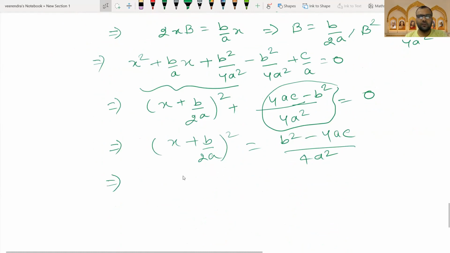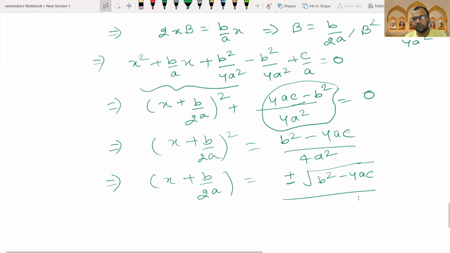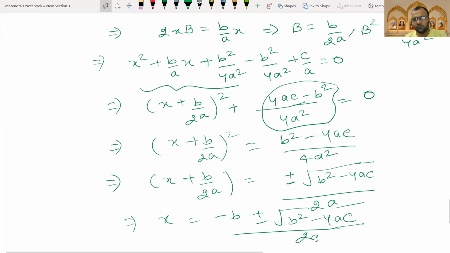So on taking square root, it will become x + b/2a = ± √(b² − 4ac)/2a, or x = (−b ± √(b² − 4ac))/2a.